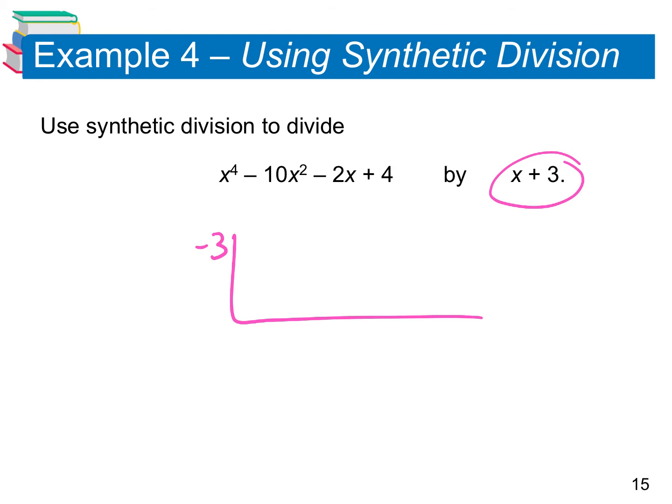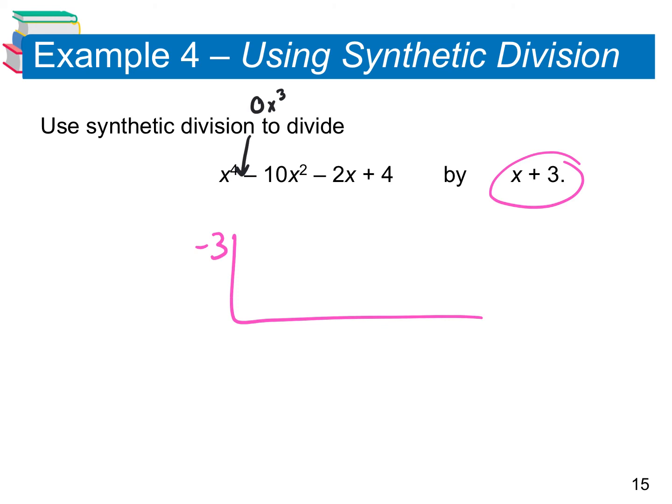But we have to make sure that all of our degrees, so if we start with x to the 4th term, we need everything after that to be represented. So here we're missing an x cubed, so I have to add in a 0x cubed in there. So when I list my coefficients, I need to make sure that 0 is in that x cubed spot.